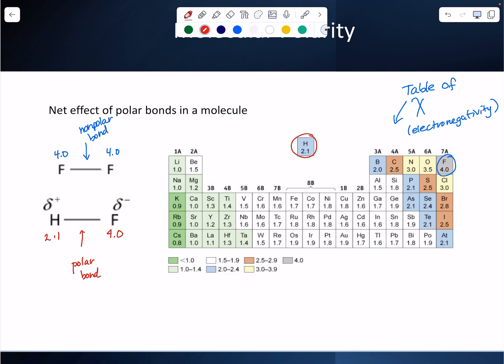So in essence, the fluorine gets more of the electron's time. Doesn't mean that the electrons in the bond don't go visiting the hydrogen nucleus sometimes, okay, but they spend more of their time near the fluorine. So that leaves the hydrogen with what we call a partial positive charge.